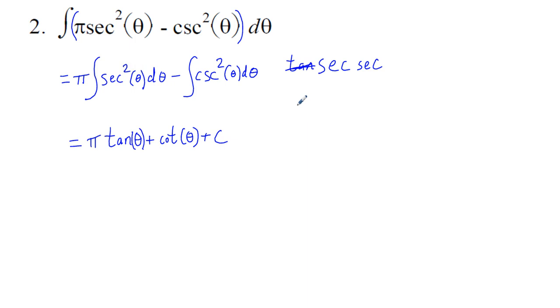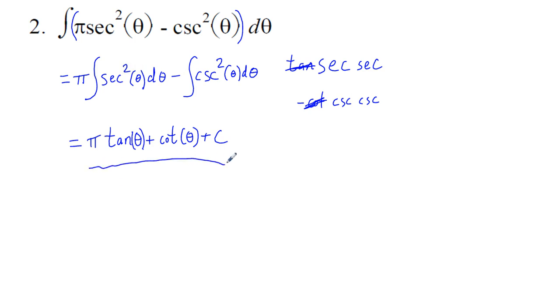And then we also had this negative cotangent, cosecant, cosecant, and the derivative of cotangent is negative cosecant squared. Therefore, the integral of cosecant squared is going to be negative cotangent. And that's where we reverse this sign here.